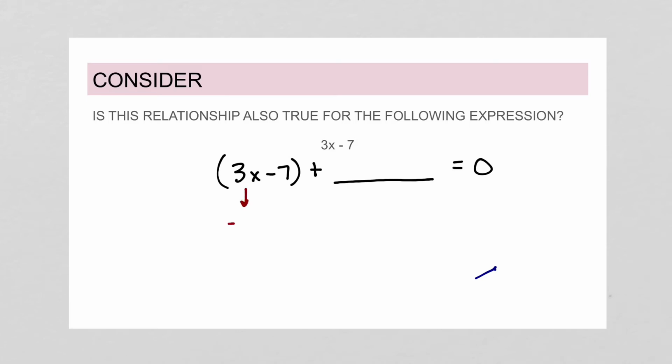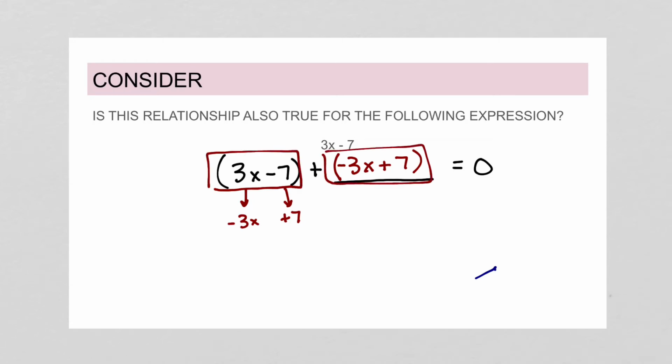Well, -3x. What is the opposite of negative 7? Well, that's a positive 7. So I know that the expression I need to add to that is negative 3x plus 7, and that would give me 0. So the opposite of my 3x minus 7 is negative 3x plus 7.